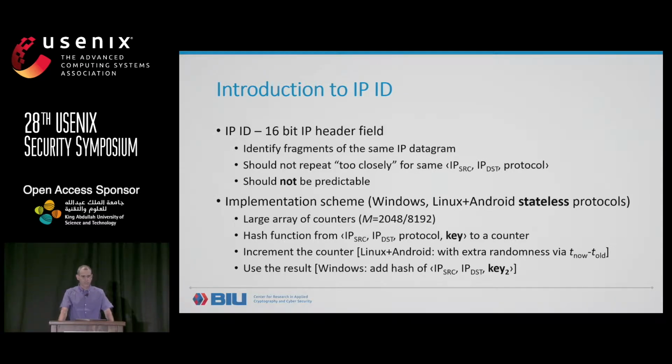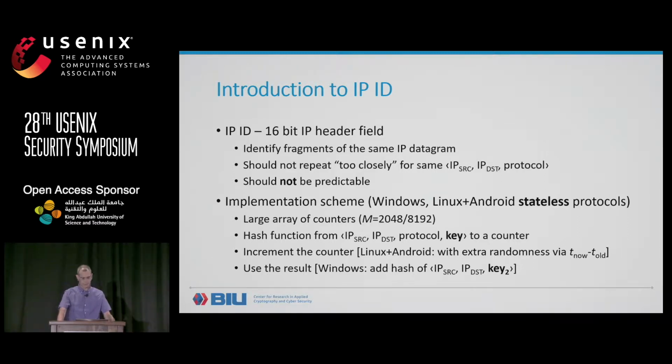The implementation of choice for Windows, Linux and Android for stateless protocols like UDP and ICMP follows the same concept: having a large array of counters, several thousand counters, having a hash function from the source IP address, destination IP address and some secret key into this array, calculating an index using this hash value, and incrementing the counter.